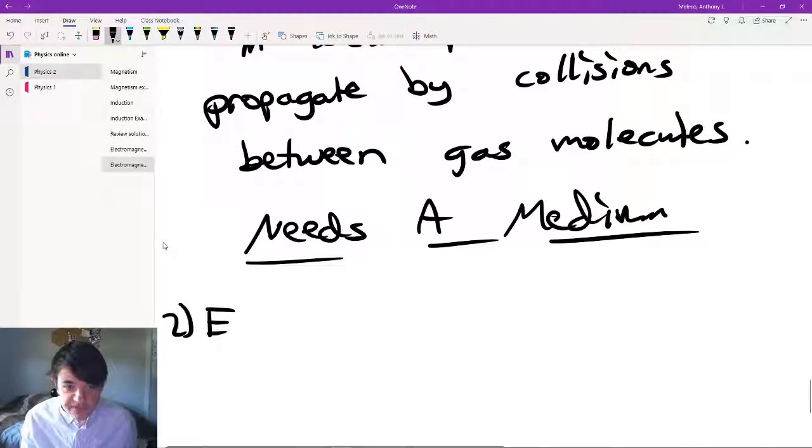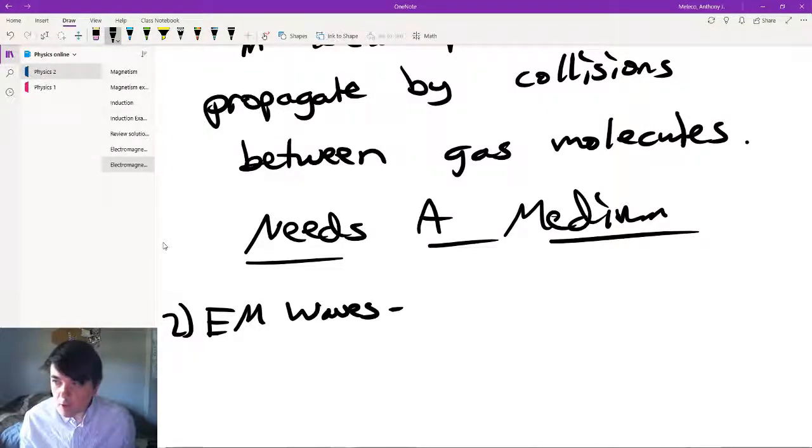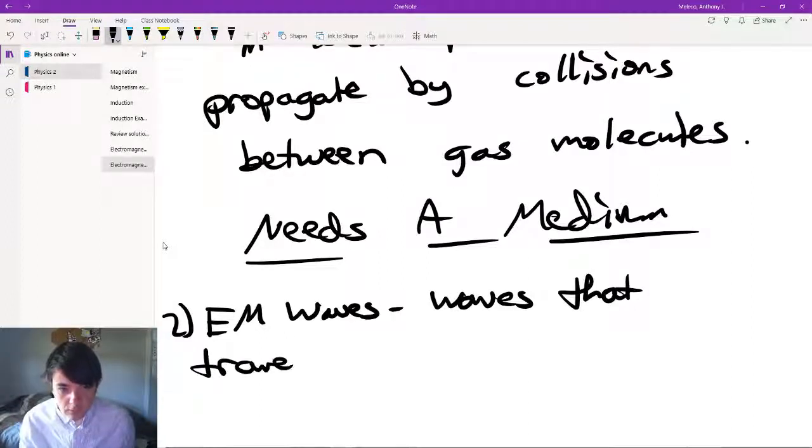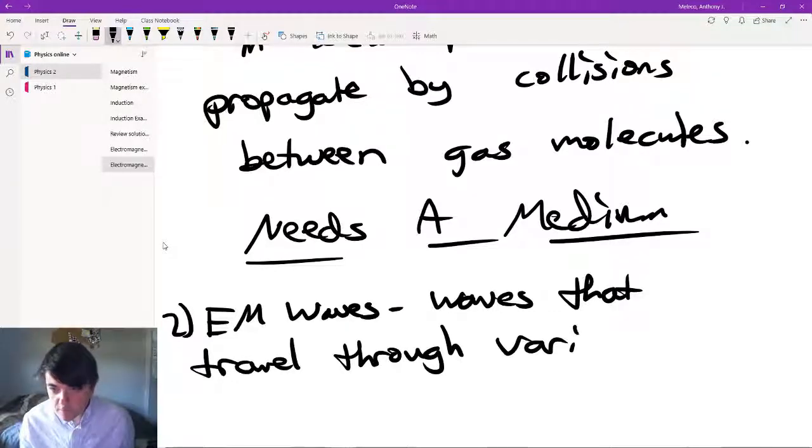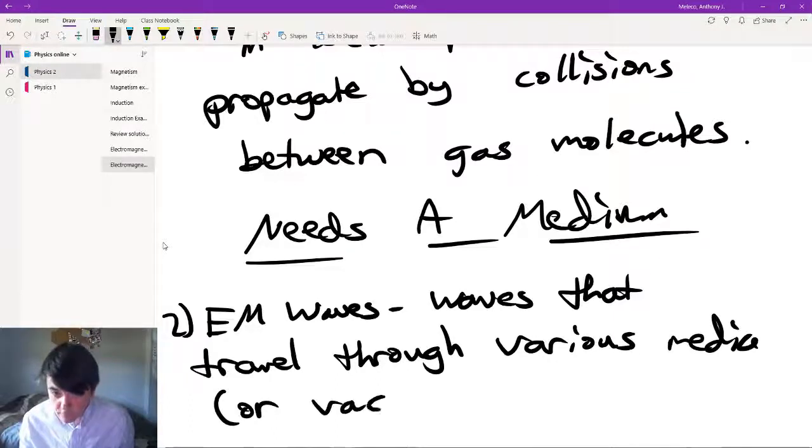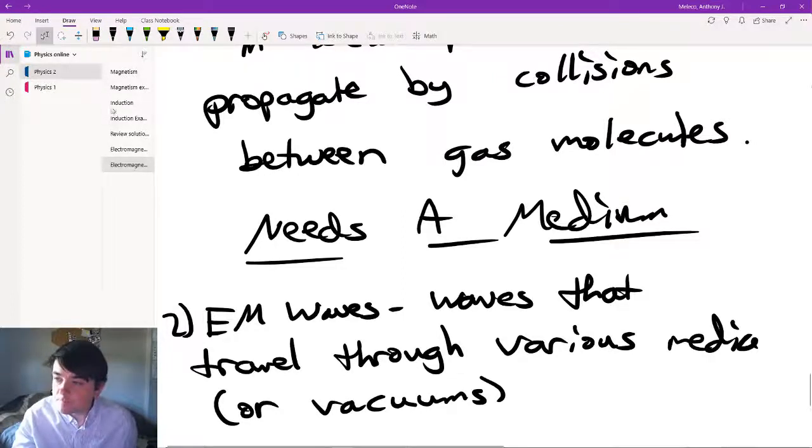Number two, though, the second type of wave, that's an EM wave. And these are waves that travel through various media or vacuums, okay? So they can travel through both.